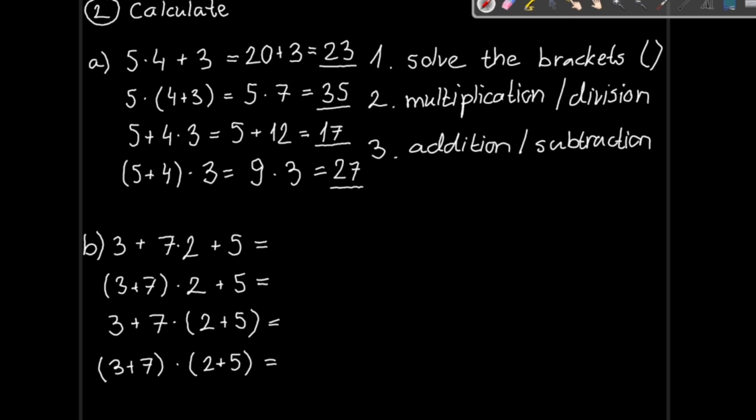Okay, so in the first case, we don't have brackets, so we need to do the multiplication first. 7 times 2 is 14. Sorry, there is a plus here. Plus 5. And now we can just add them together in any order we want, really, since we already talked about commutative and associative properties before. 3 plus 14 is 17, plus 5 is 22.